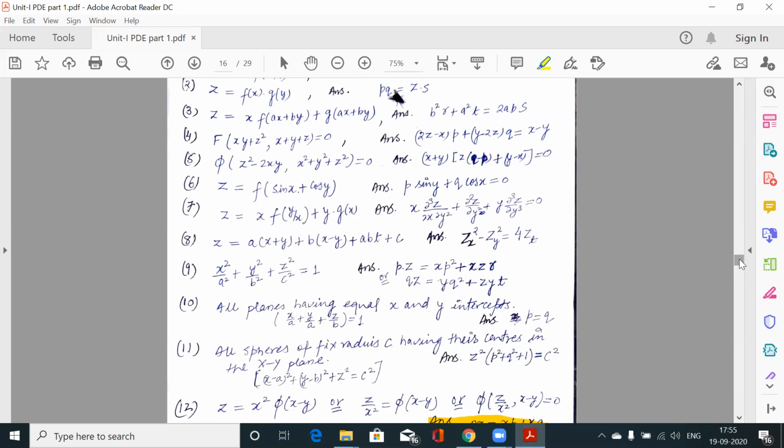If we have to eliminate the arbitrary constants, we need to calculate the order derivatives, first order, second or third order, and eliminate the arbitrary constants to get a PDE. Same for the arbitrary function, we calculate the derivatives, and from these derivatives you have to eliminate the arbitrary functions.